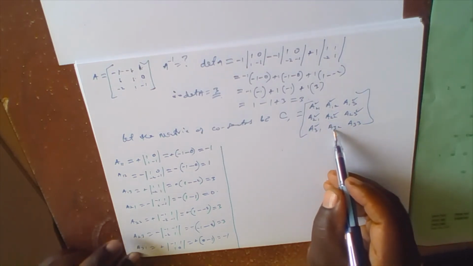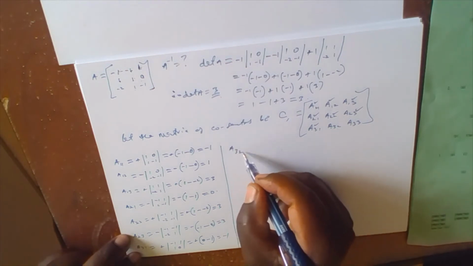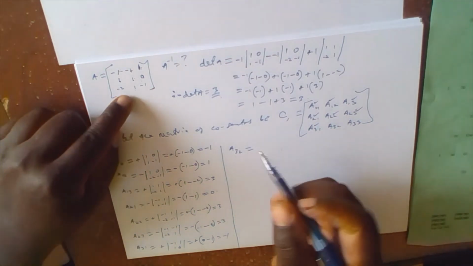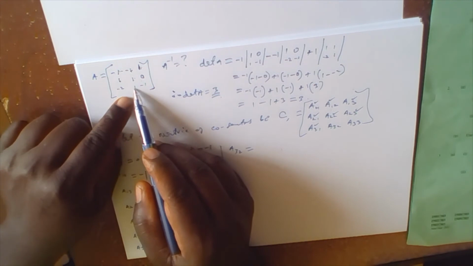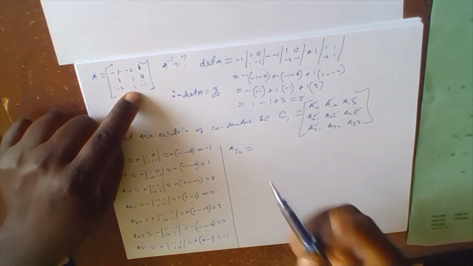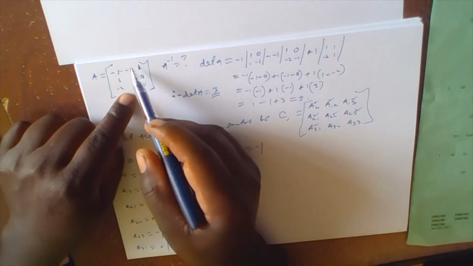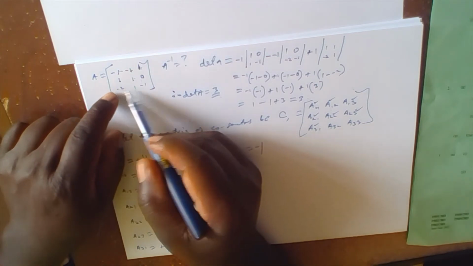And then we have A32, this equals 2. So it's this element. So the place sign here is positive, negative, positive, negative. So the place sign is negative. Then the minus of this element, we plug this column and this row.